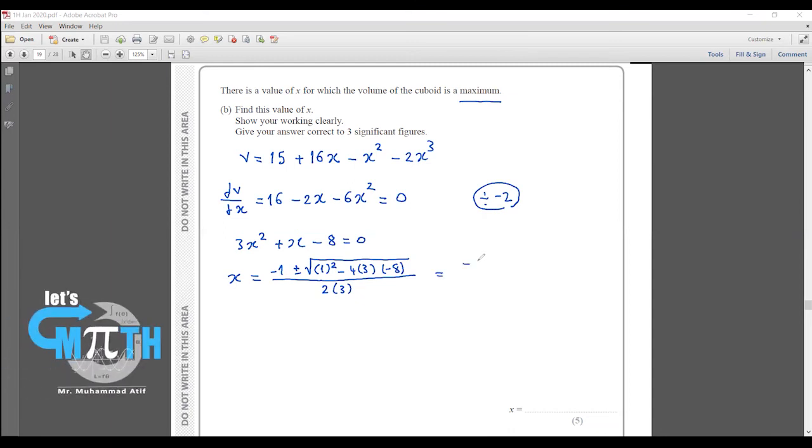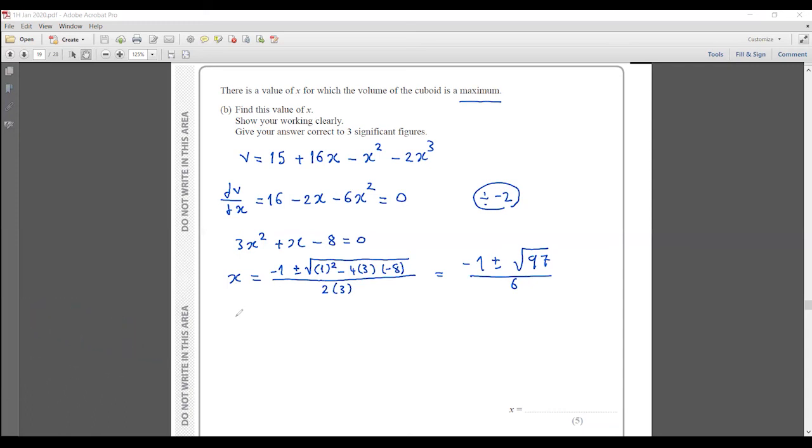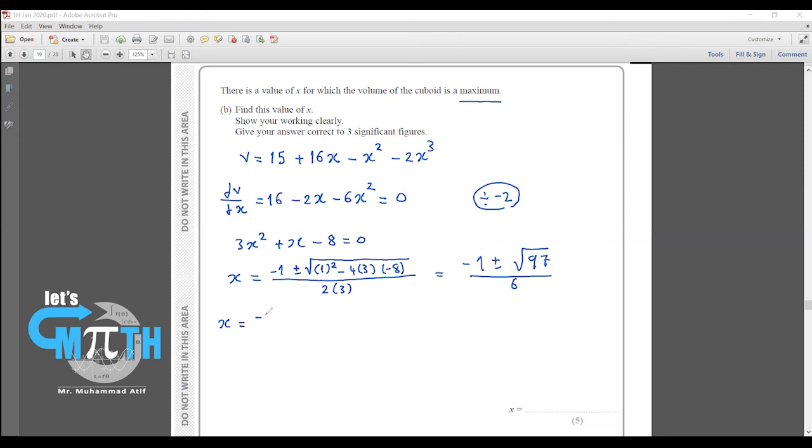That will be negative 1 plus or minus root of 97 all over 6. So we have obtained two solutions. The first solution is x equal negative 1 plus the square root of 97 over 6.